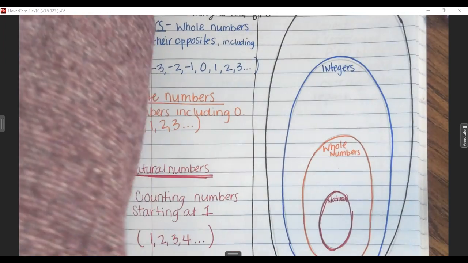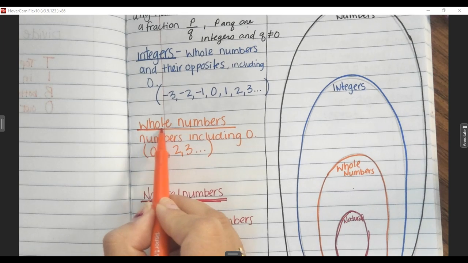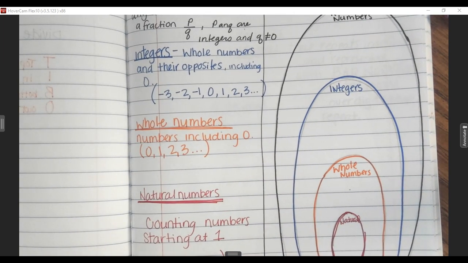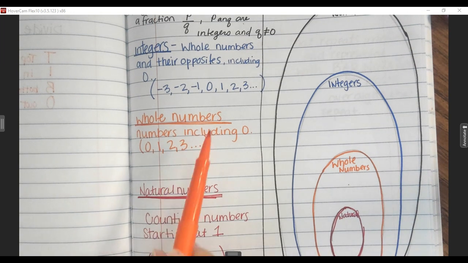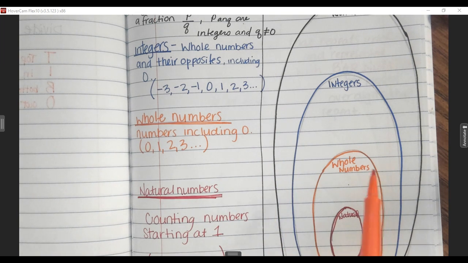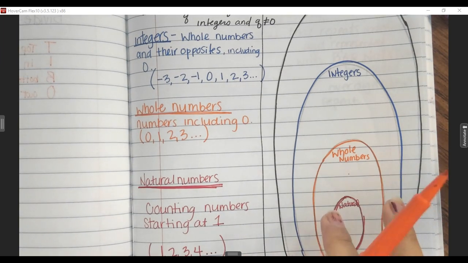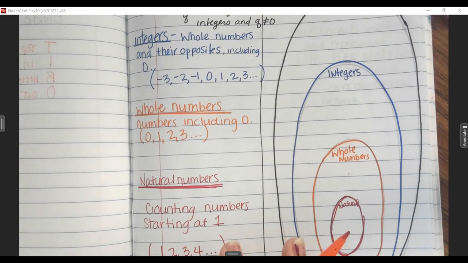Then the next one we have are whole numbers. Well, you guys know that whole numbers are similar to natural numbers, except whole numbers include 0. So 0, 1, 2, 3, 4, 5, 6, 7, and so on. So if I wanted to put 0 on my Venn diagram, where would I put it?